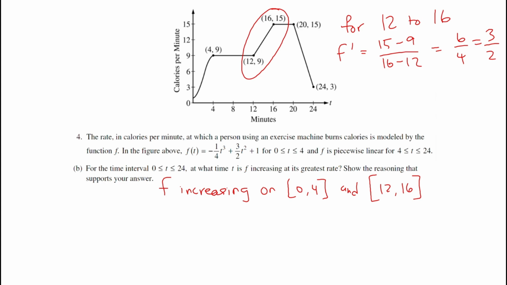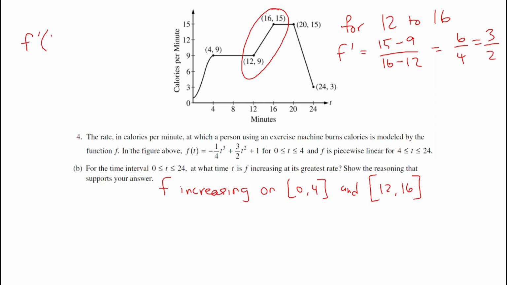On 0 to 4, though, we want to know when that is increasing at a maximum, when it's increasing at its greatest rate. So what we're going to do is we've already got f, and so to figure out when its rate is increasing at its maximum, we need to find f prime first of all and look for the maximum of f prime.